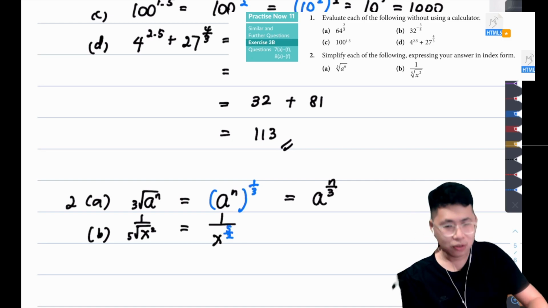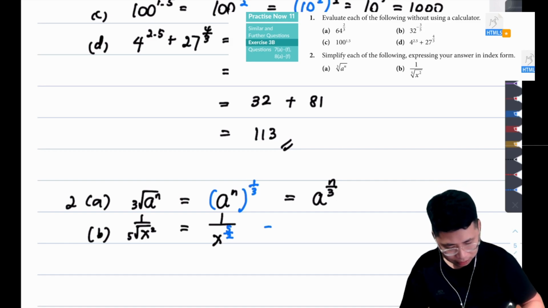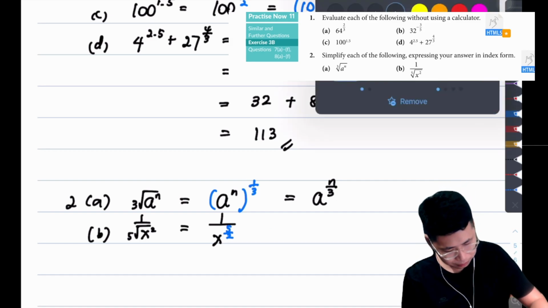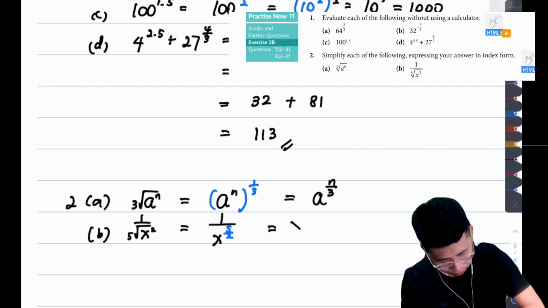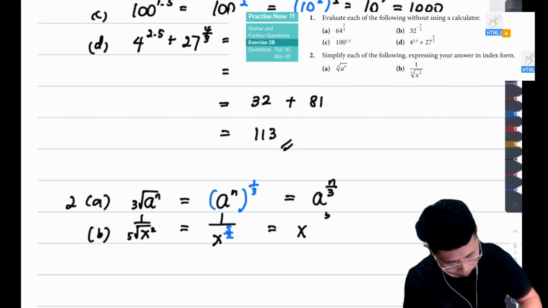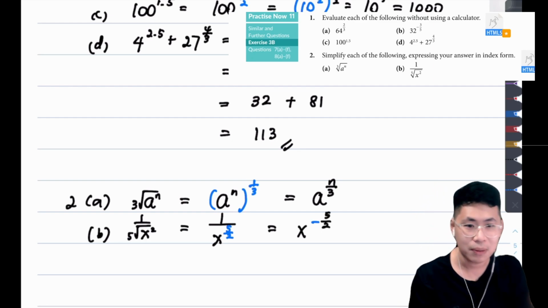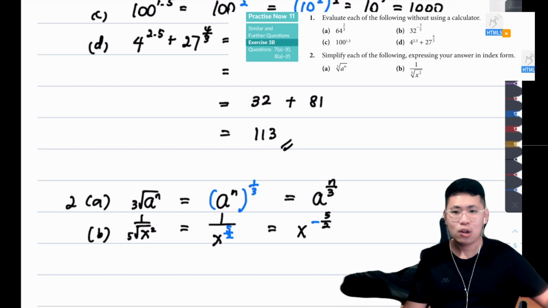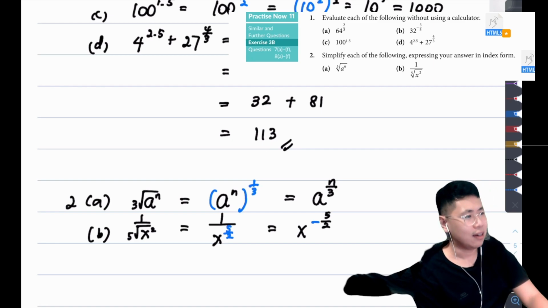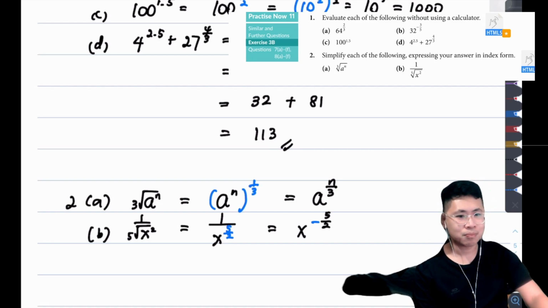In order to get my fraction up, I would need to take x to the power of 5 over 2, and I would need to insert a negative over there because it is a fraction.